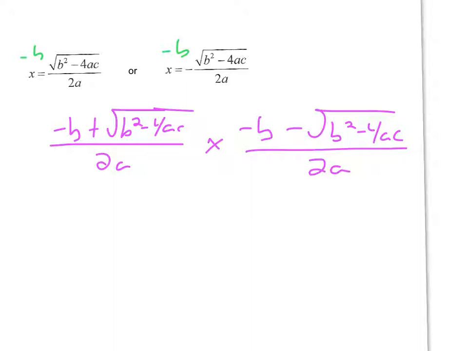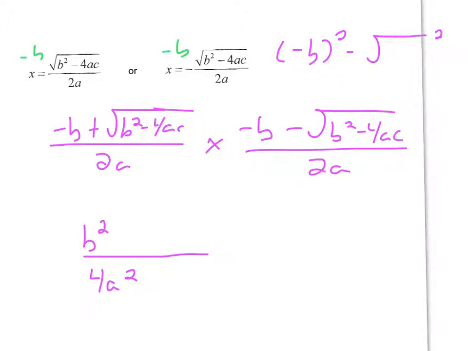2a times 2a is 4a squared. And now up top, ding, ding, ding, you should notice that we have conjugates. We have negative b plus the radical times negative b minus the radical. So you know it's going to be negative b squared minus the radical squared. So negative b squared is b squared. Minus the radical squared is going to be minus whatever is inside that radical, which you know is b squared minus 4ac.